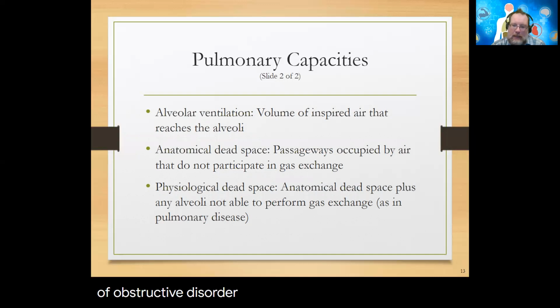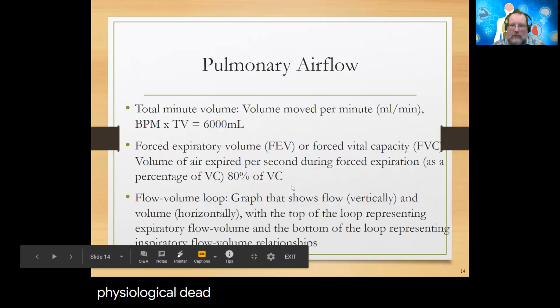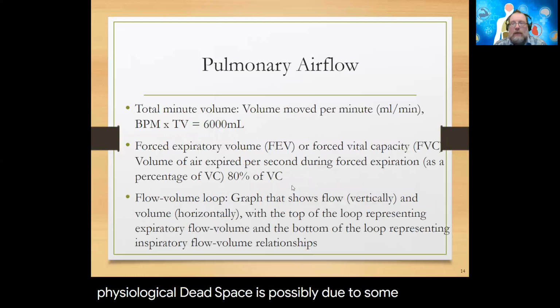We may see physiological dead space developing. So anatomical dead space is normal. Physiological dead space is possibly due to some sort of pathology.